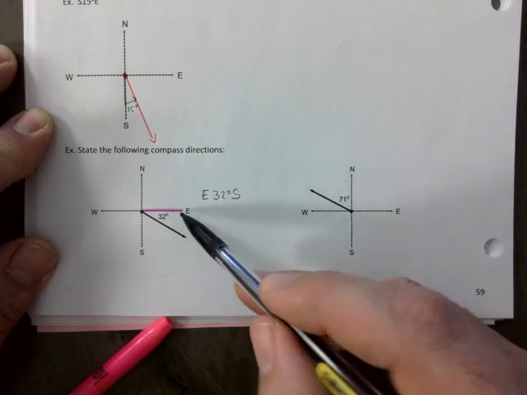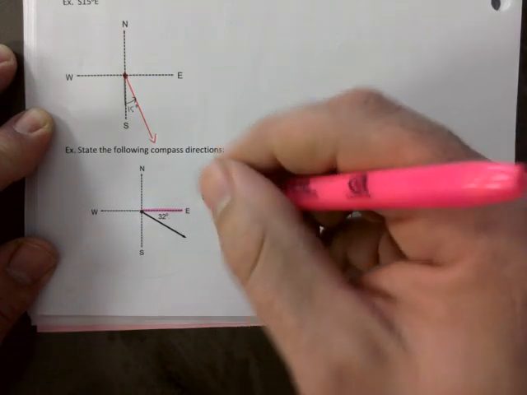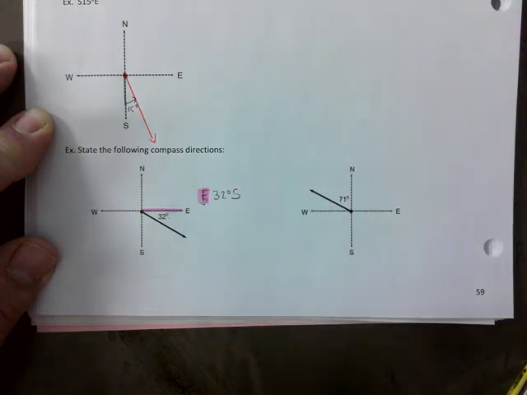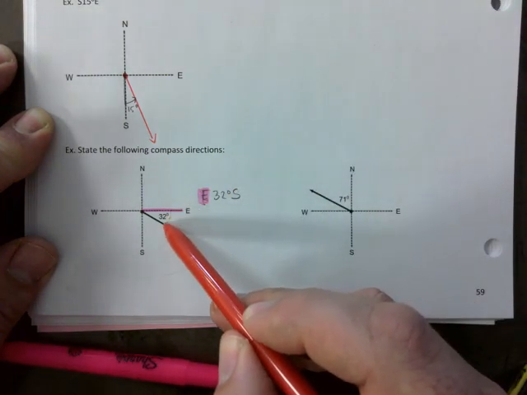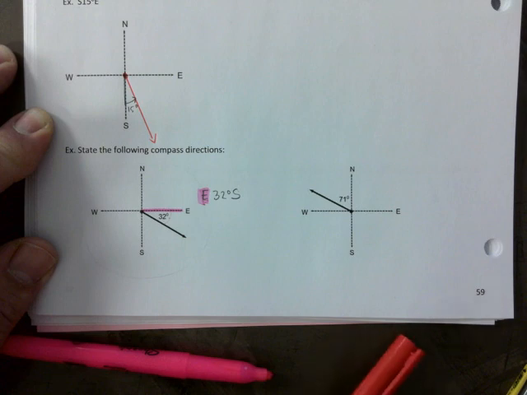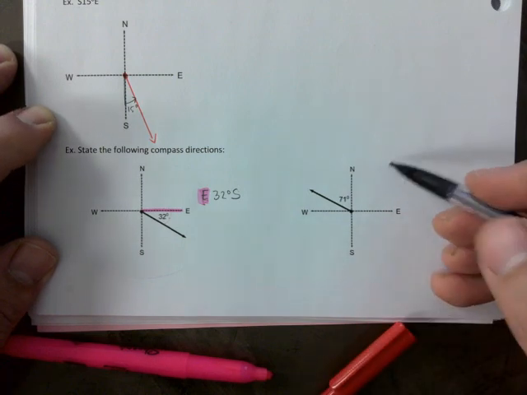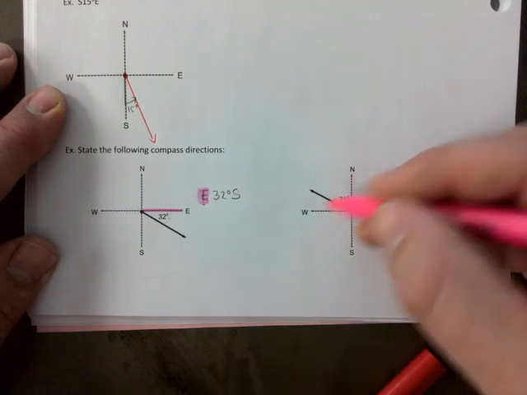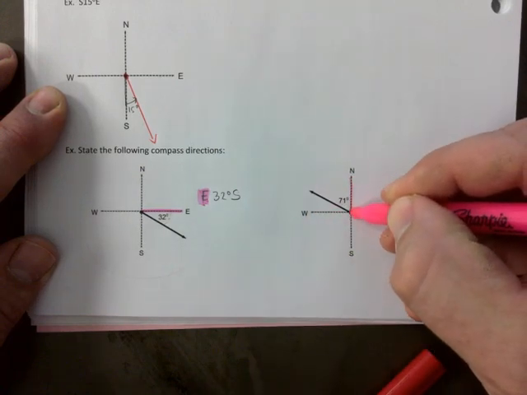Okay. You're starting east, and you're starting from here and then 32 that way. How would you read this? Where do you start? Not west, but in this case, it's north.